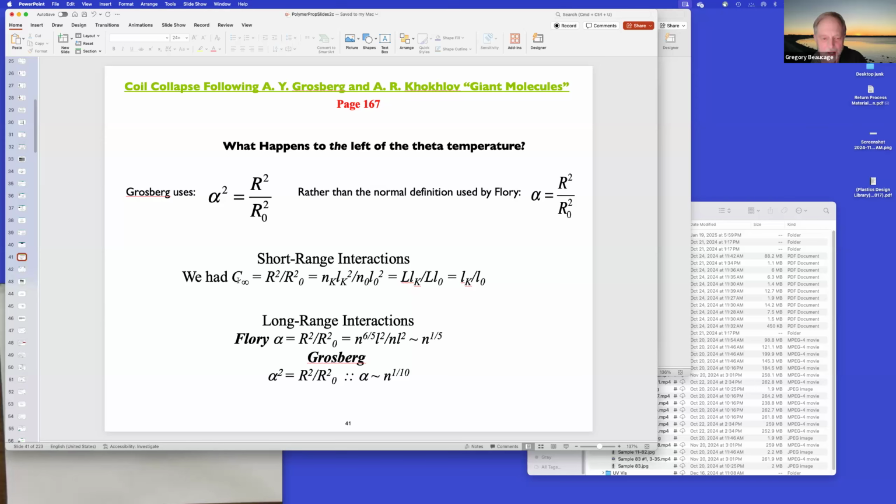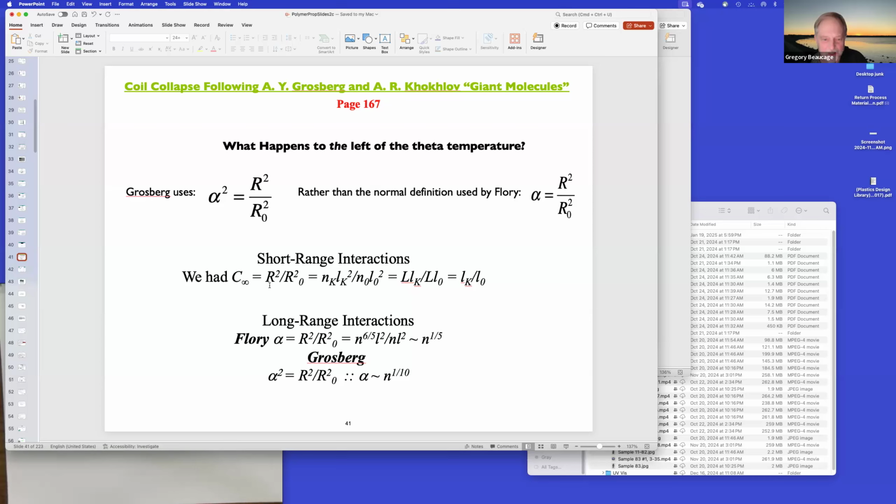To describe long range interactions, Flory came up with this coil expansion factor alpha, which has the same form. It's R squared over the theta condition chain, so you have the expanded coil over the theta. In this case, this is the chemical unit in L squared, and this is the actual chain in NK LK squared.